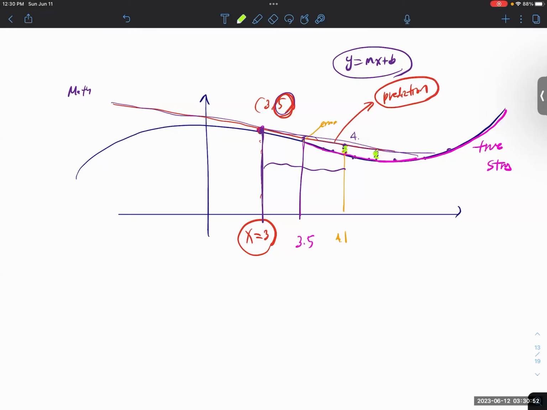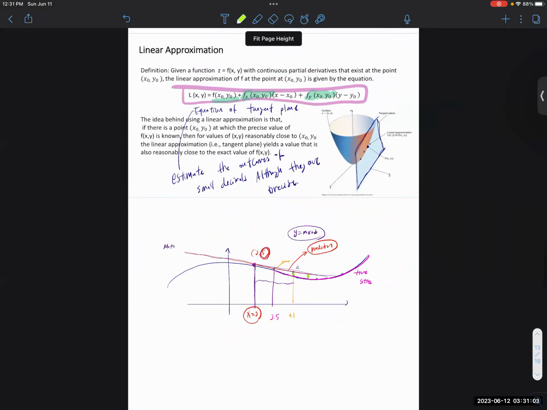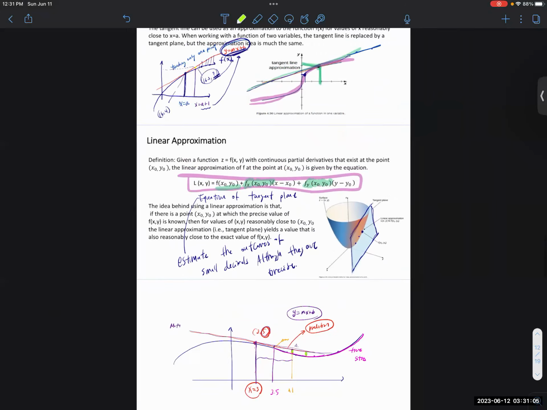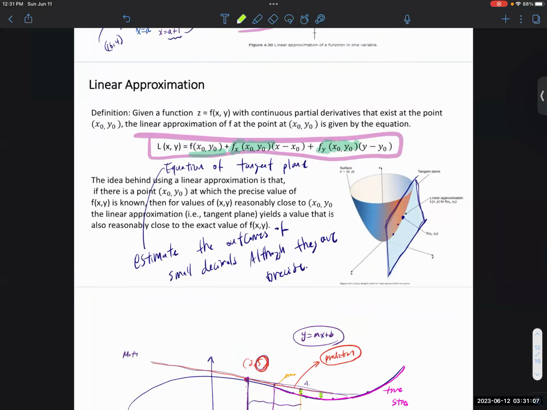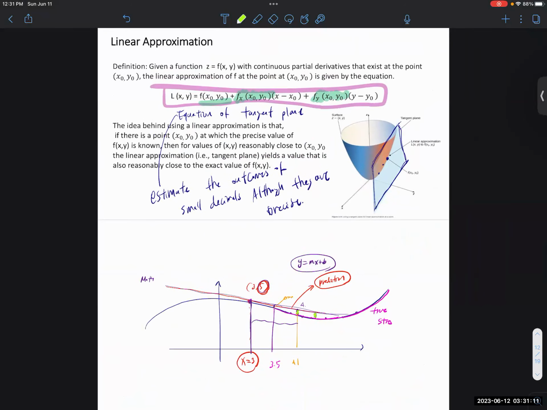Nobody can estimate the error perfectly. We are just estimating what's happening. It's like a probability question. So this is a tangent line. And in 3-dimensional space, in a more mathematical concept, you can also find the error by looking at the gap between the true value and the linear approximation outcome.